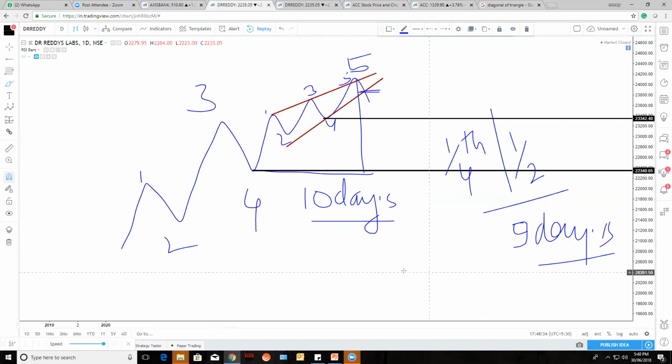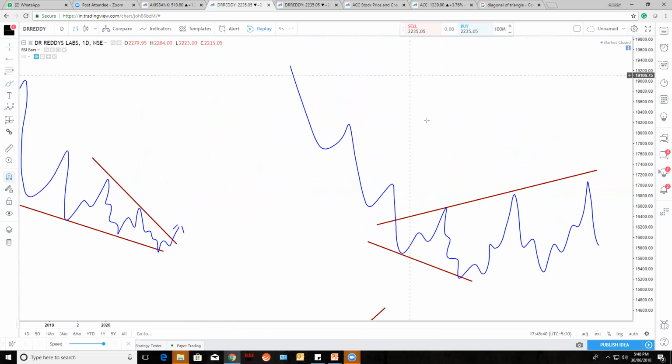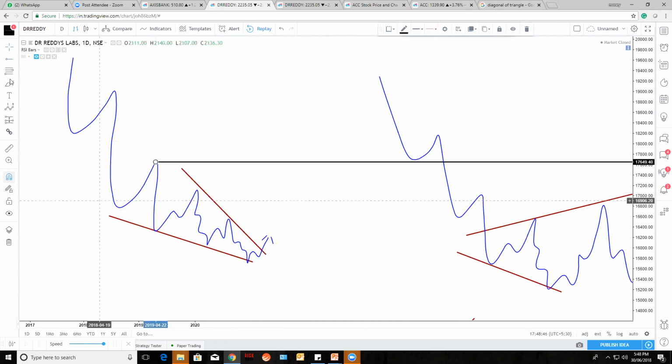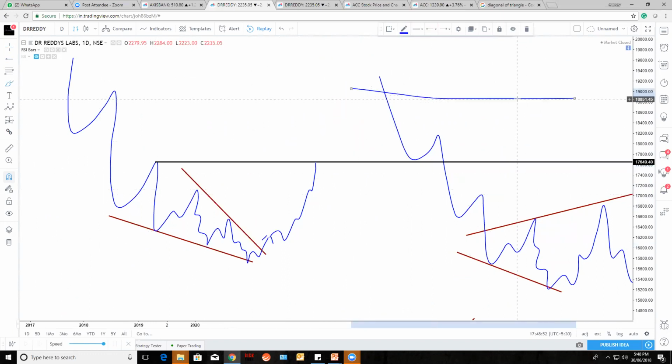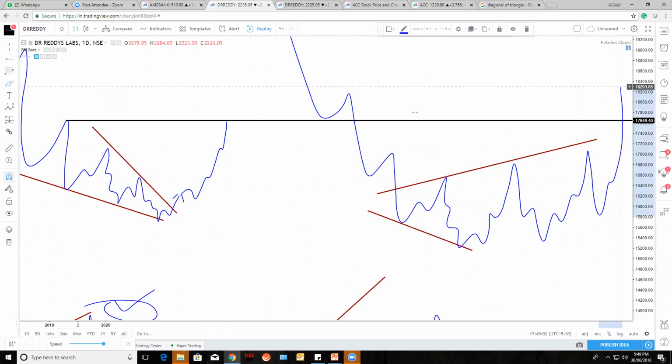Okay, same for the expanding also. For expanding also, it is already an expanded one. For example, let's say it is an ending diagonal. The target will come up to this within a short period of time, very fast. Let's say if it is an expanded type of diagonal, this is like an extended type of diagonal, so it may come up to this level.